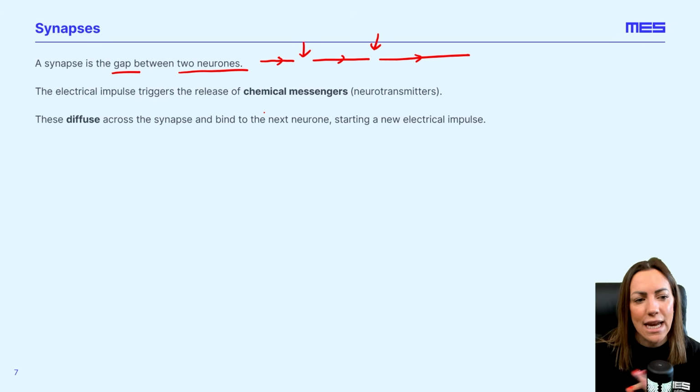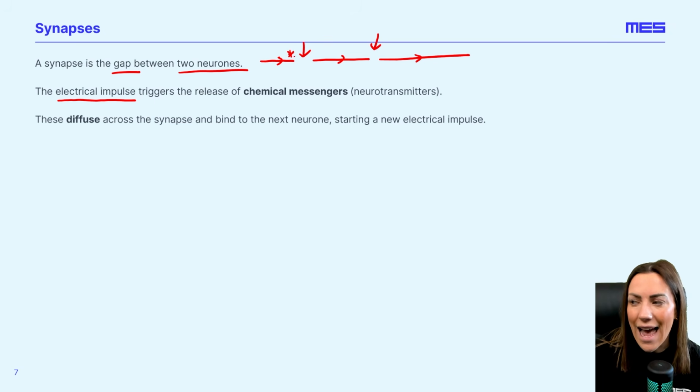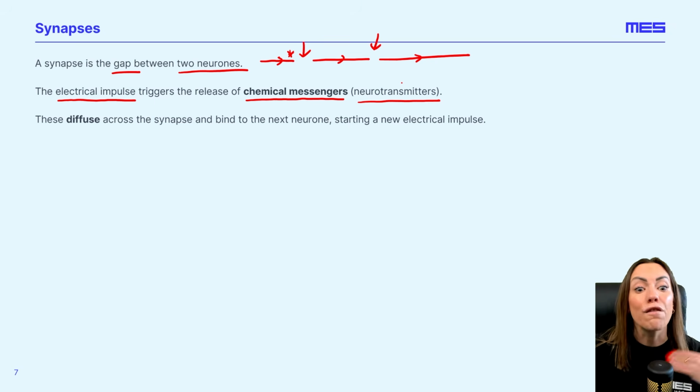So how does the information pass across a gap, across a synapse? Well, what happens is when the electrical impulse reaches the end of a neuron, it triggers the release of chemicals called neurotransmitters. But at GCSE, you can just say it triggers the release of chemicals, okay? So it's not an electrical impulse that's going to cross the synapse.